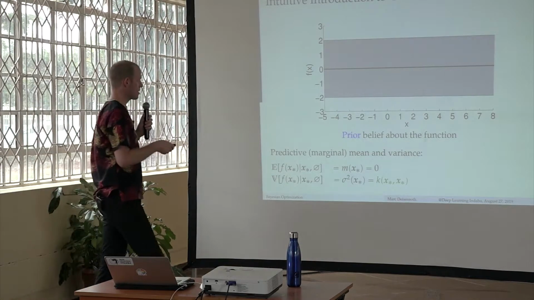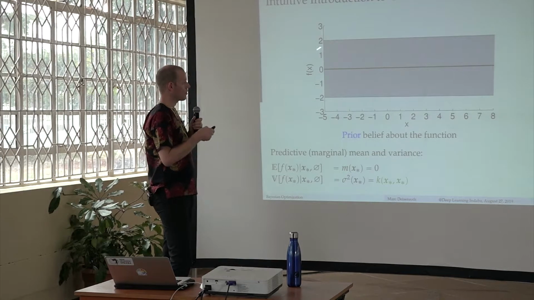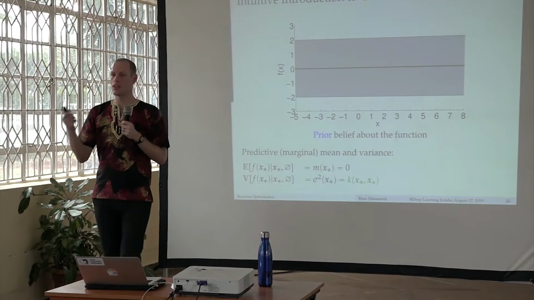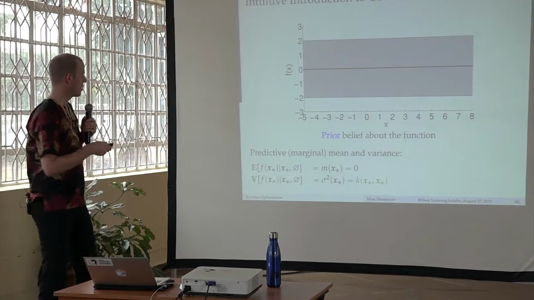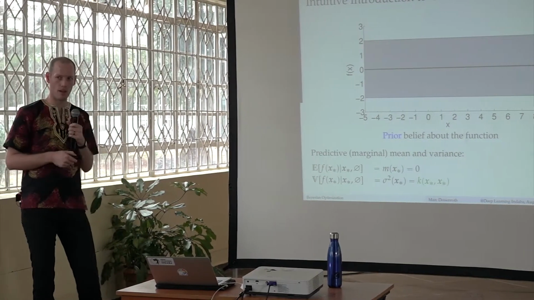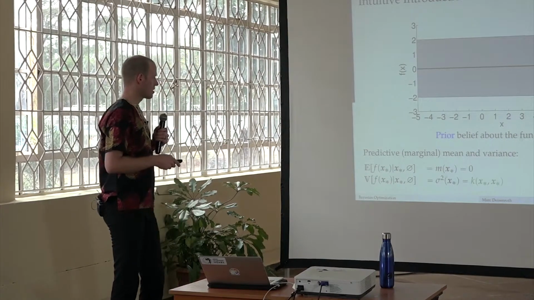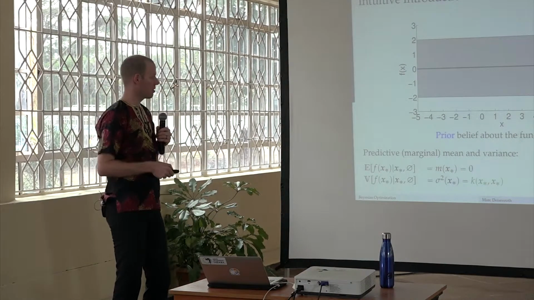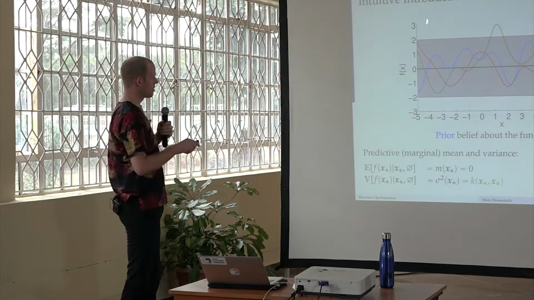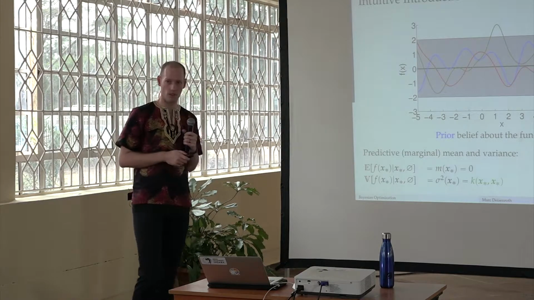Then for the uncertainty, we believe that under the prior distribution 95% of the function values are in this shaded area, and additionally we make some smoothness assumption. If we sample from this Gaussian process, each sample corresponds to one function, and these are the functions which are representative for this prior distribution.